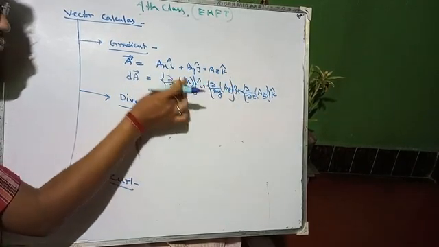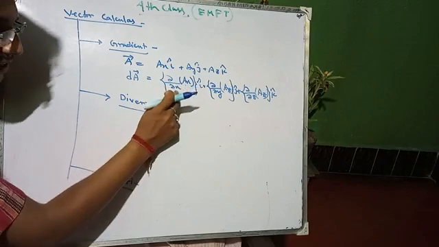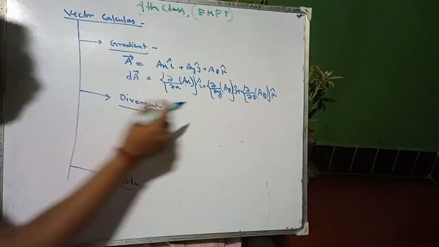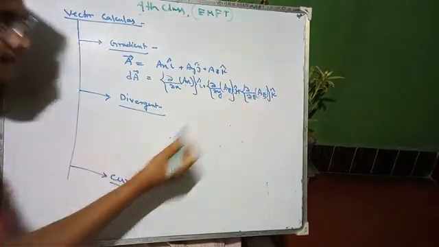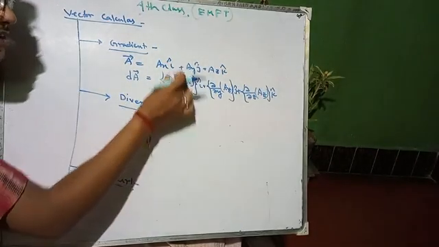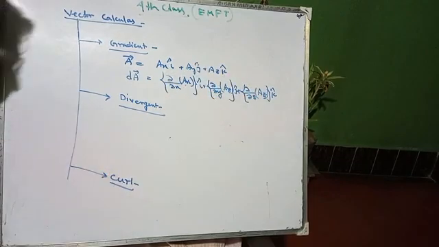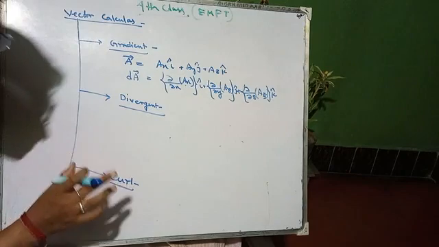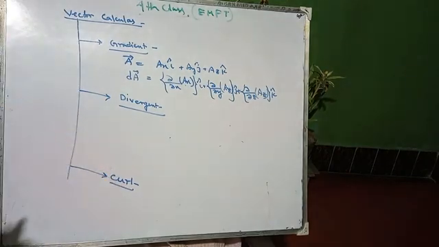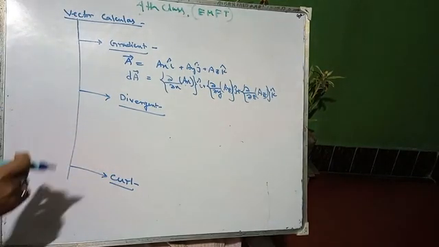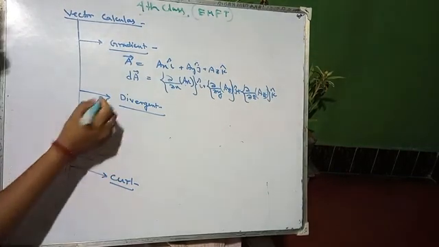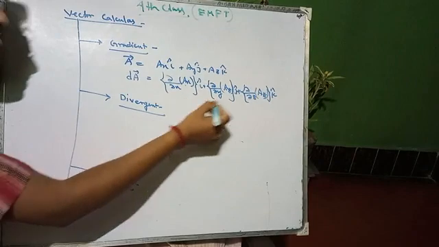We differentiate with respect to x for the ax part, with respect to y for the y part, and with respect to z for the z part. After differentiating, just put i cap, j cap, k cap. Gradient can be applied on a scalar value, and after applying it results in a vector.